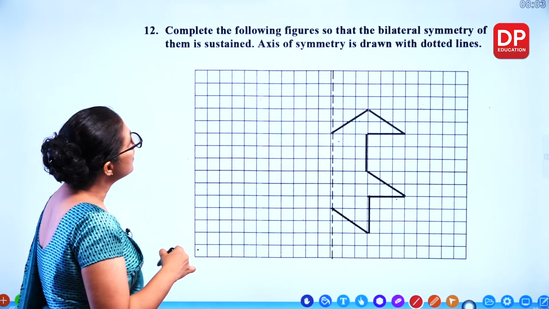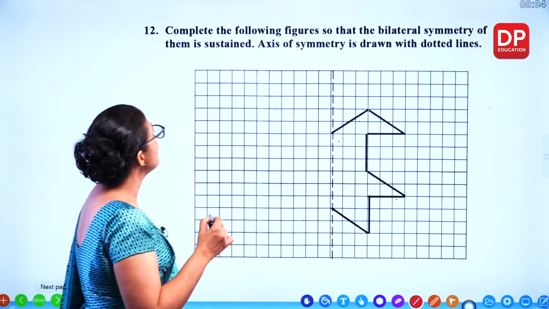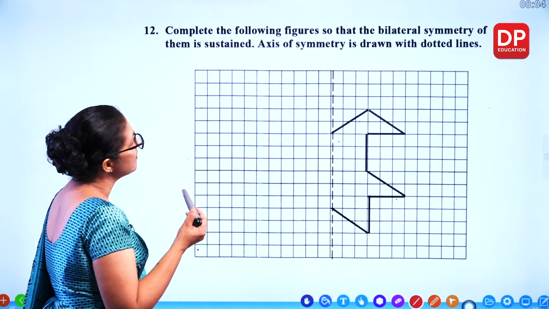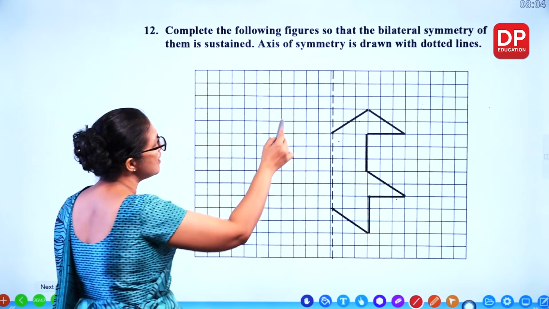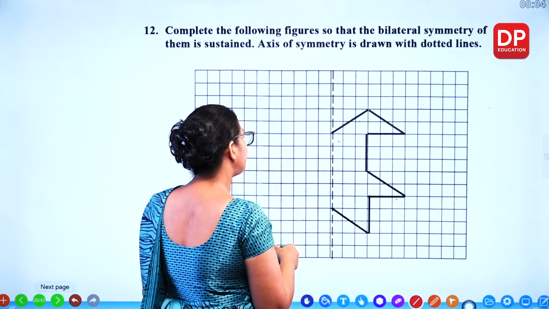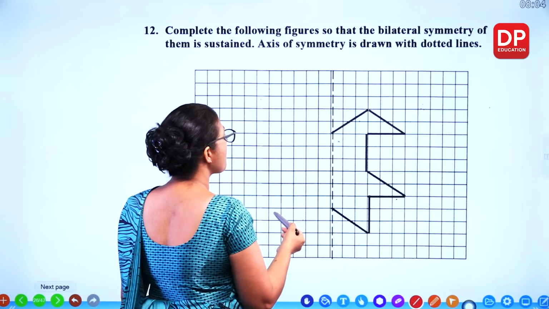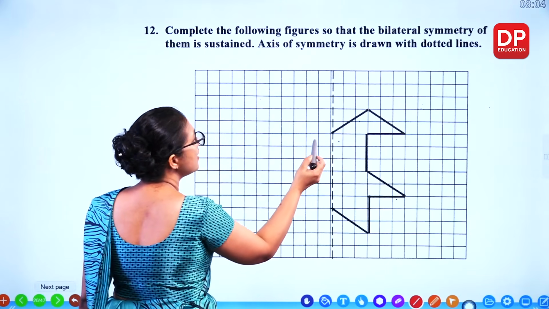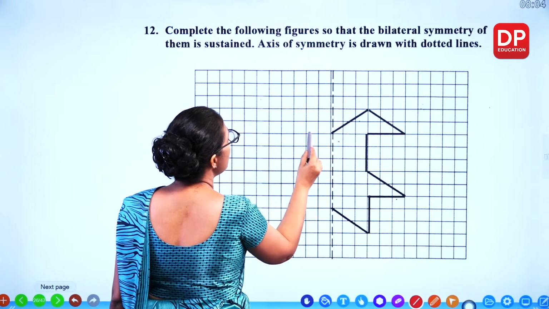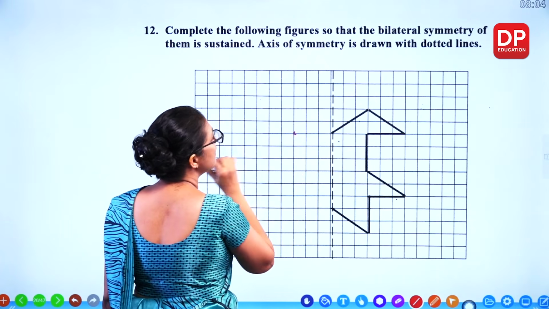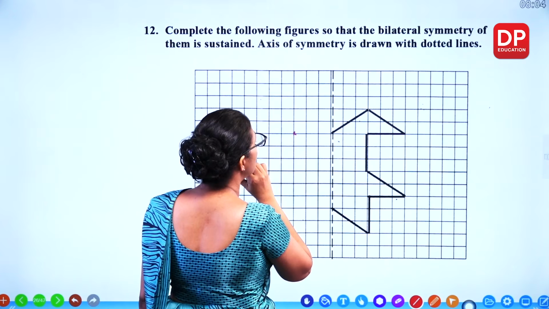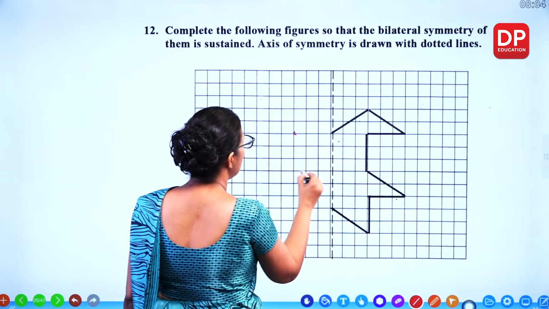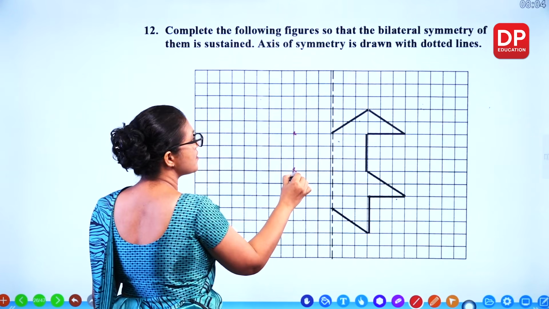Complete the following figures so that the bilateral symmetry of them is sustained. Axis of symmetry is drawn with dotted line. So this is the dotted line. So starting from here, 3 squares this way, so 3 squares here. And here 3 squares down.